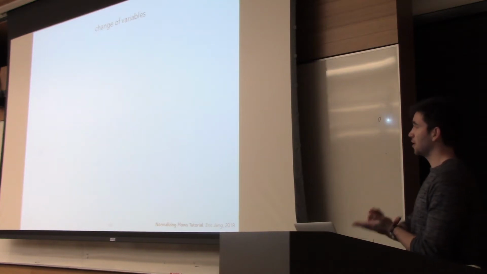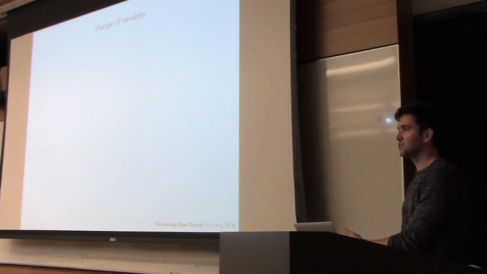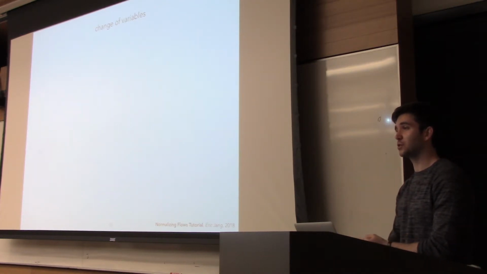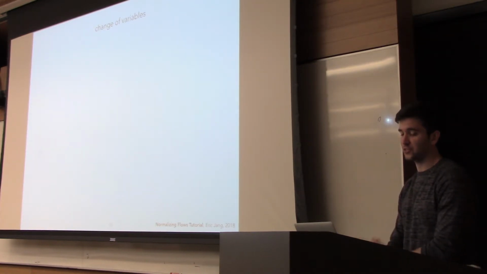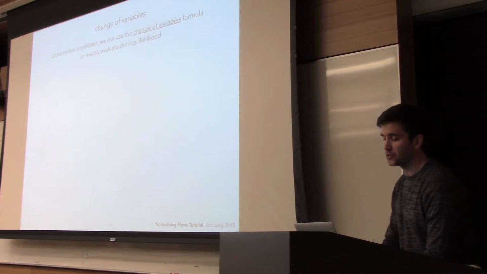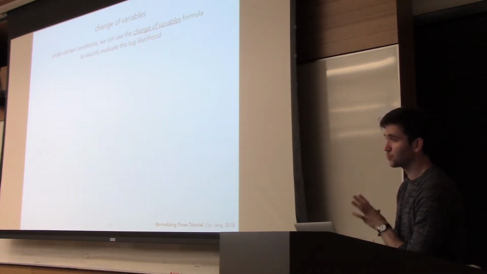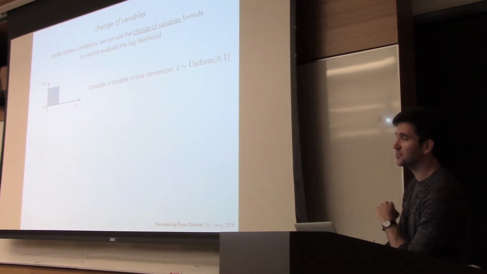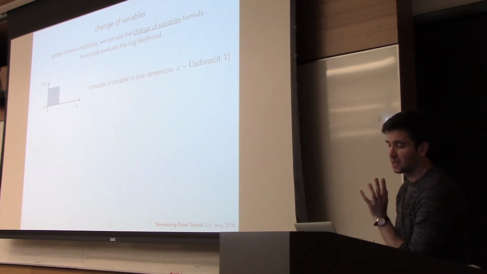There's another side of latent variable models, which uses the change of variables formula to evaluate the log likelihood exactly. So let's get into that. What is the change of variables formula?